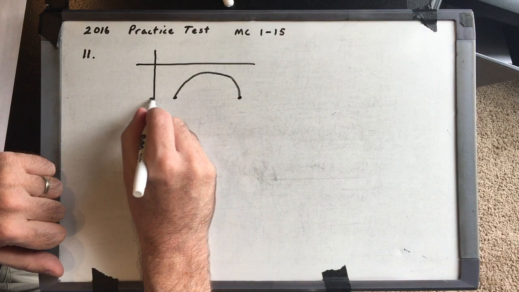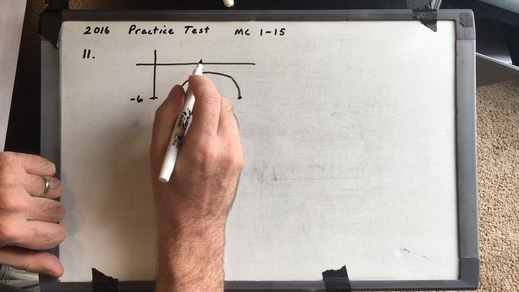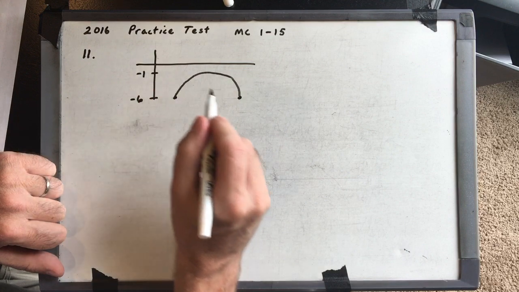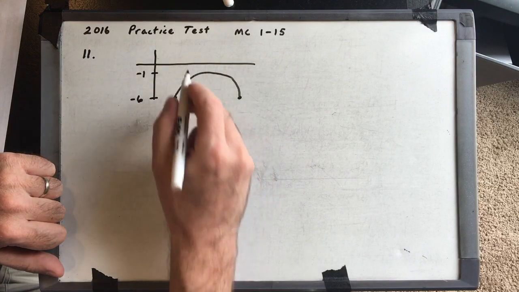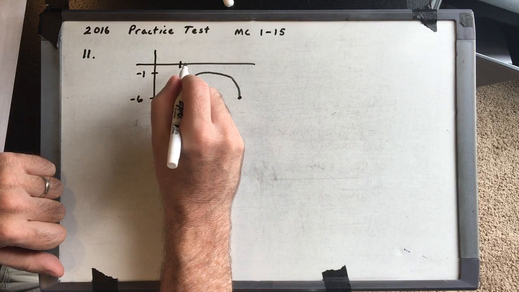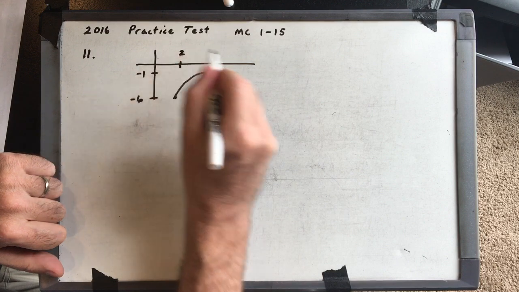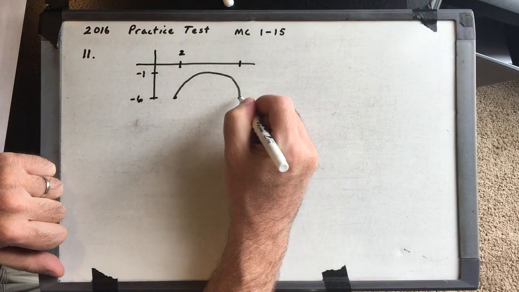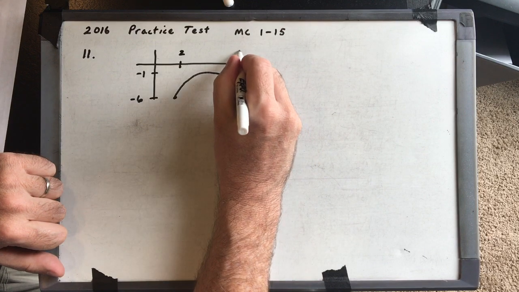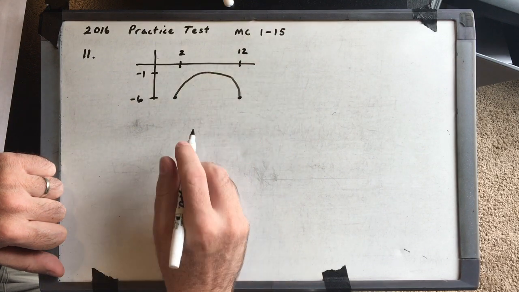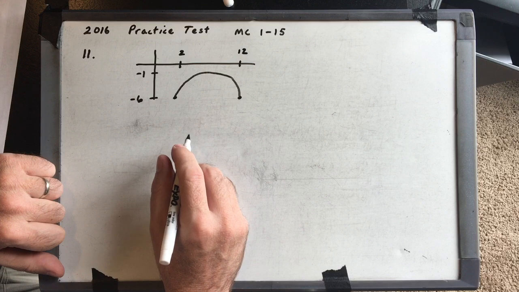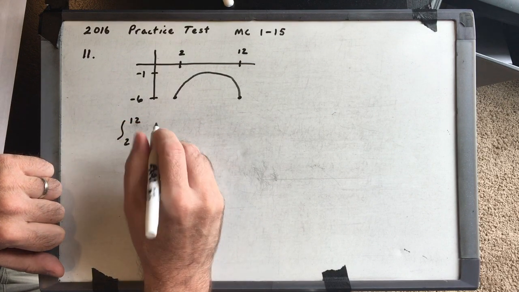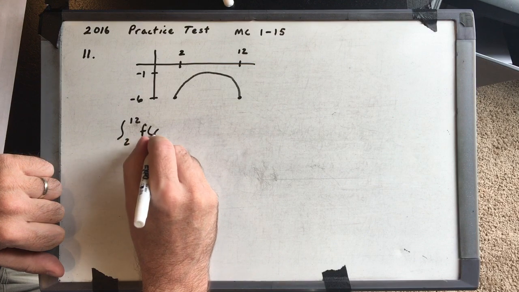And this is -6, and the top of the semicircle is at -1, and that value is 2, and this value right above that point is 12. And we want the value from 2 to 12 of f of x dx.